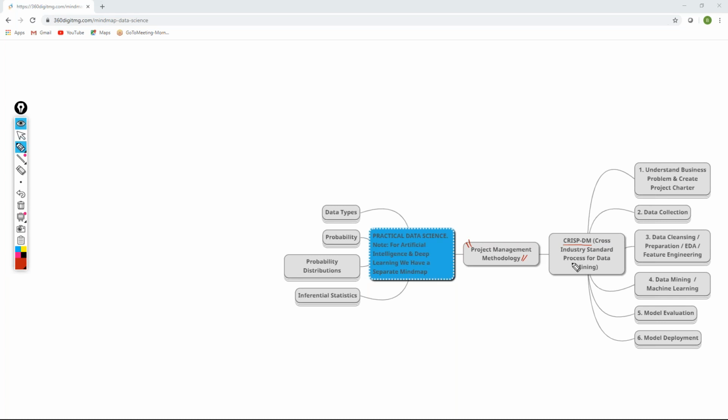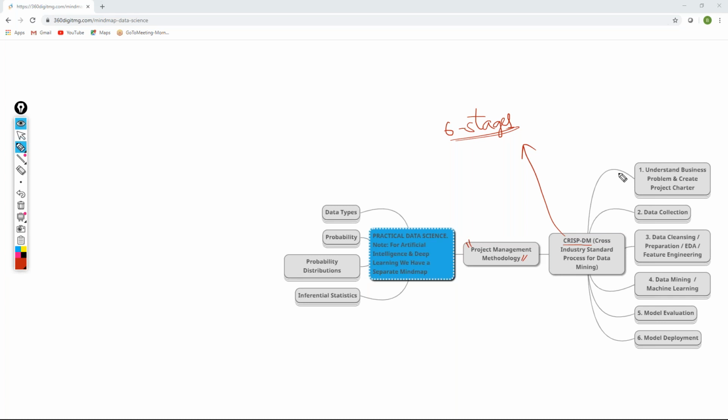This is one of the extensively used project management methodologies and heavily preferred because it has a very structured, iterative approach. CRISP-DM in total has 6 stages.